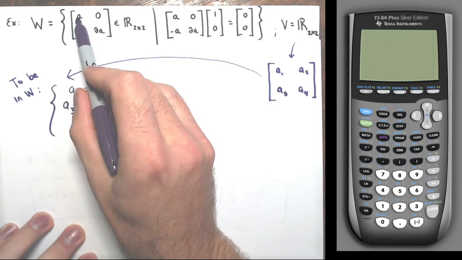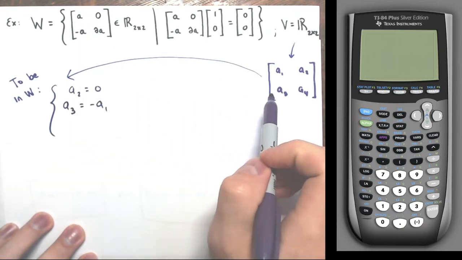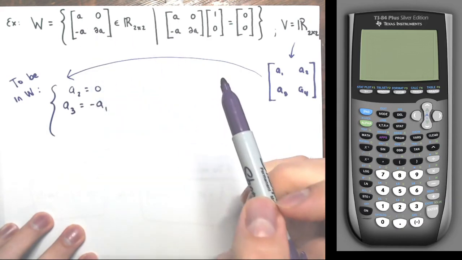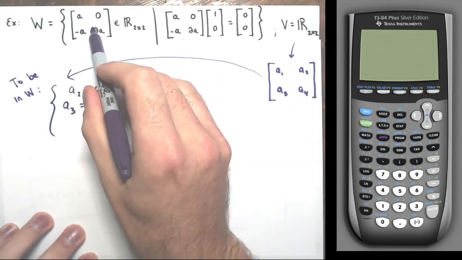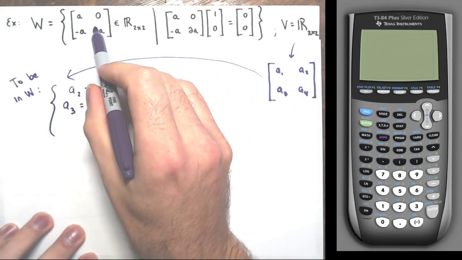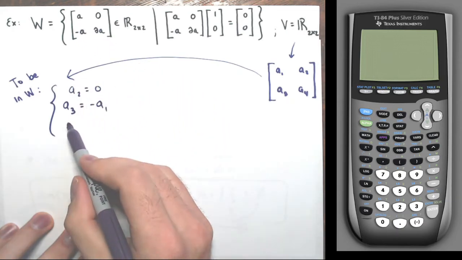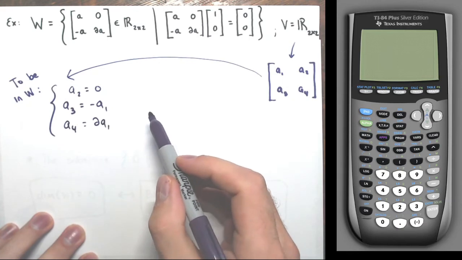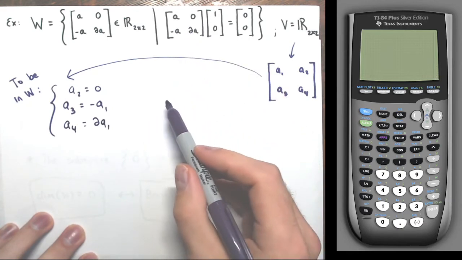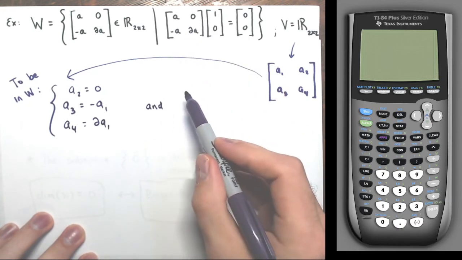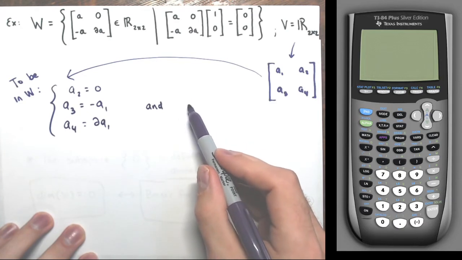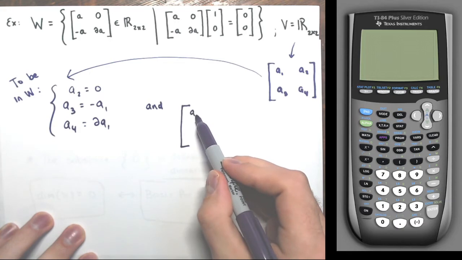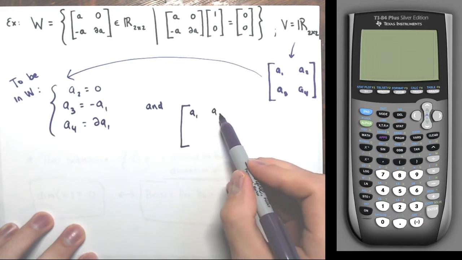This entry here would have to be the opposite of that entry to satisfy this condition. A4 would have to be twice A1. The lower right entry would have to be twice the upper left entry. And on top of this, we'd have the product of this matrix A1, A2, A3, A4.